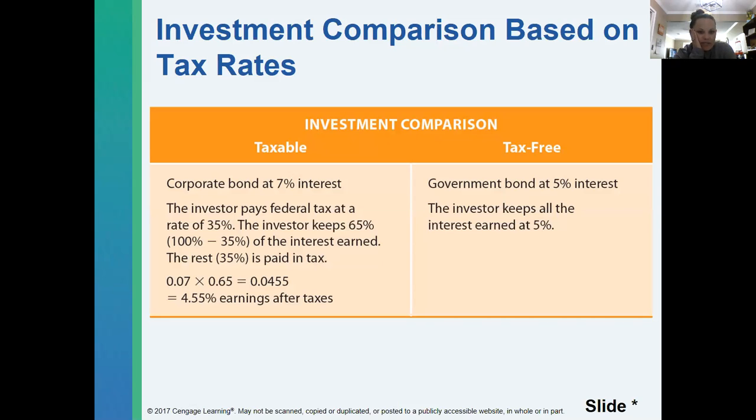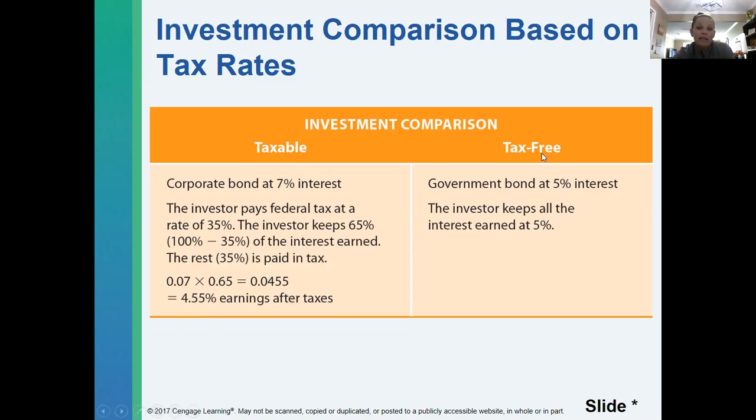The other 35% is paid in tax. So 7% times 65% gives you 4.55% earnings after taxes. So even though it was a 7% bond, you only get to keep 4.55% of those earnings.